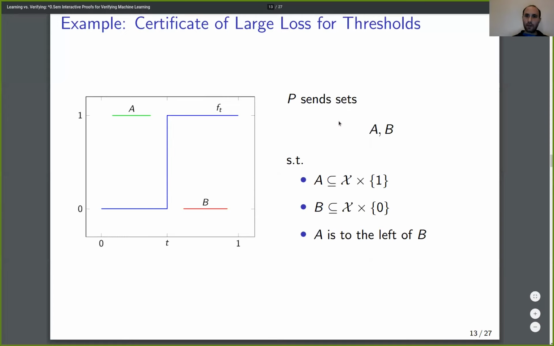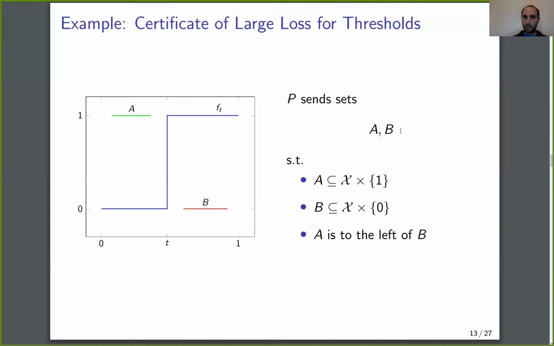The prover will send two sets, A and B, such that A is some subset of the domain 0, 1 times 1, and B is some subset of the domain times 0. And A and B are both intervals. So we can think of A as having a start point and an end point, within some interval within the 0, 1 interval. And it's a set of points that are all labeled as 1.